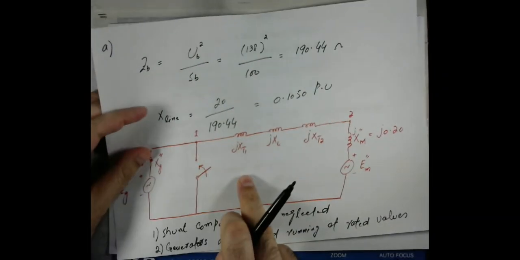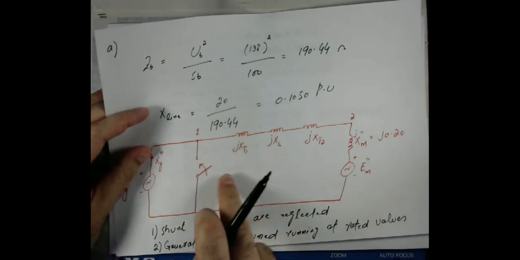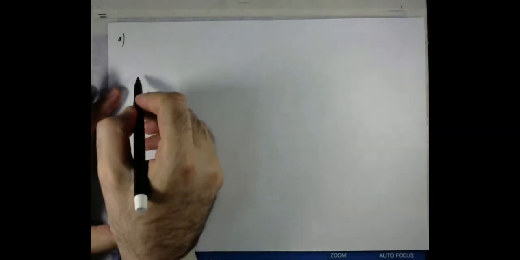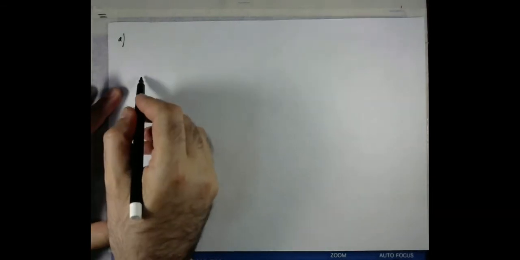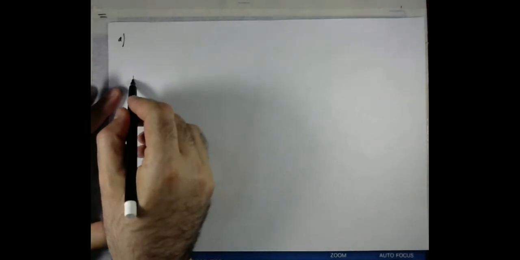This particular circuit can also be drawn like that, so let me draw that circuit. We are still talking about part A, and let me draw the circuit. It will look the same, but anyhow let me draw it again.